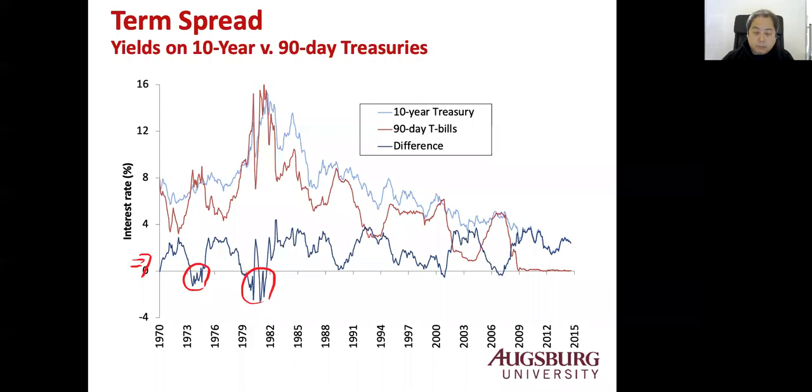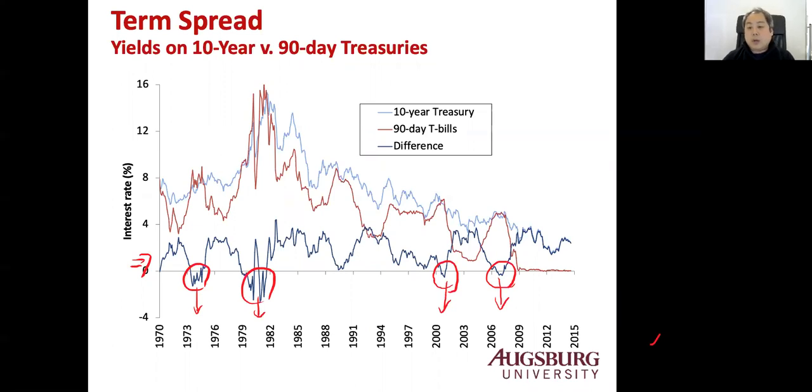And these negatives are all bad days: the 70s, recessions, the dot-com bust, the Great Recession, not the Great Depression, the Great Recession. Meaning that if you find an inverted yield curve, it means you have bad expectations.